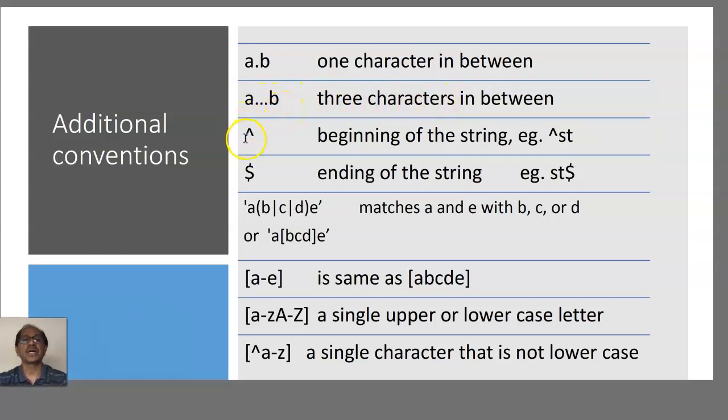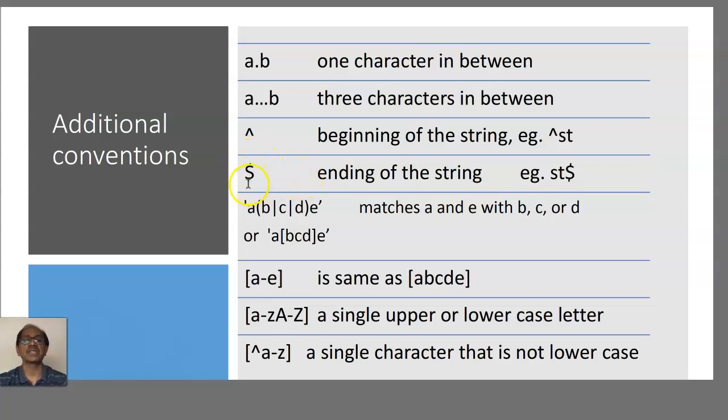We also use a caret which shows the beginning of a string. So if you use caret ST, that means the string should begin with ST. So any words which you are looking at in English, stop, string, state, etc. In fact, if you use a caret and ST, all those words will come under this. Similarly, we can also look at the ending of a string.